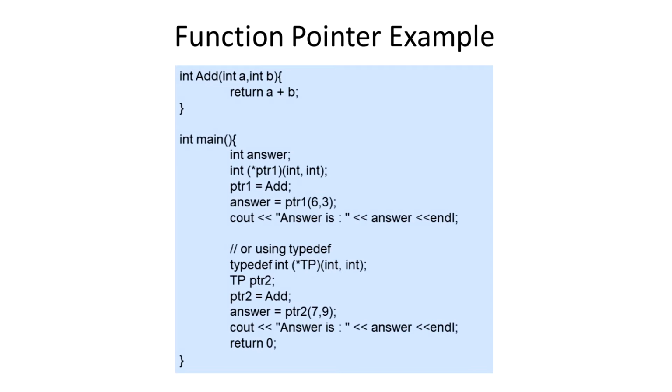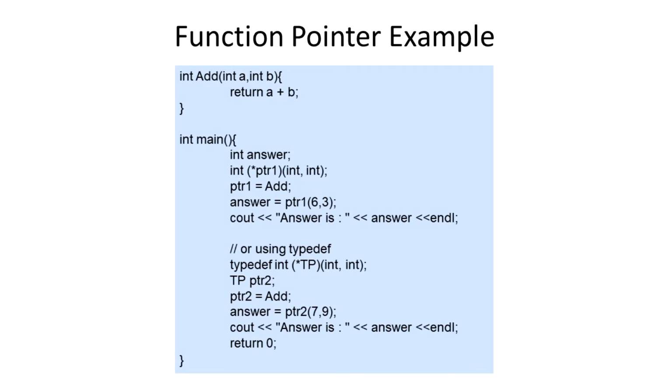And in the next line, the third line below the declaration of the pointer, we are actually assigning the address of add, which is the function itself. Remember, that's called add. And so that function pointer points towards the location where the code for that function is located. And we're going to set our function pointer, PTR1, to point towards the same address that the add function name points to.